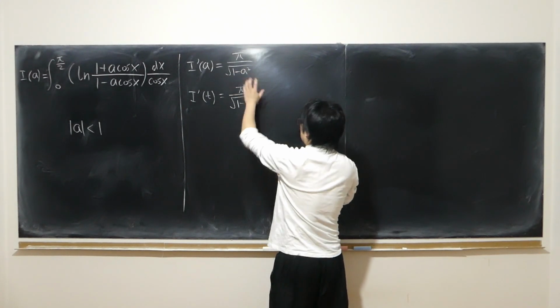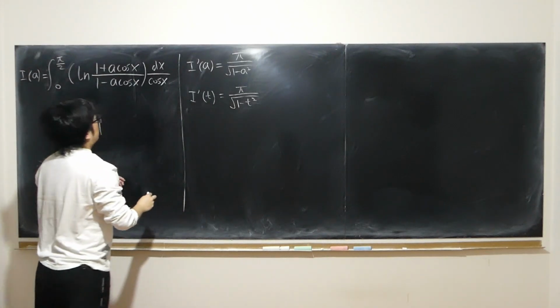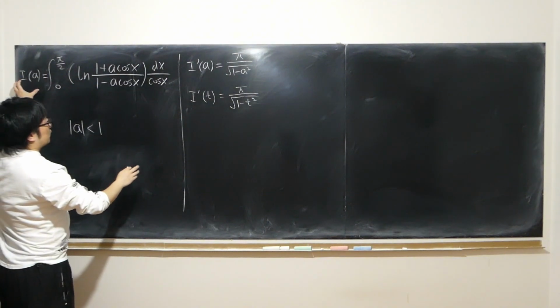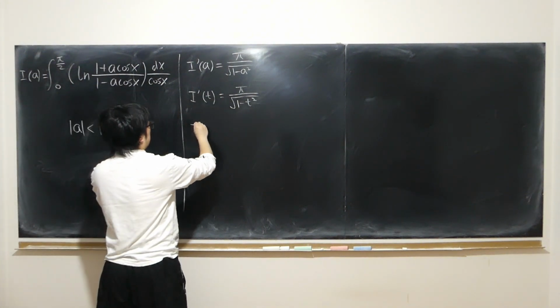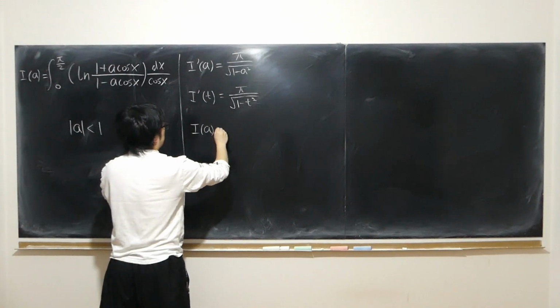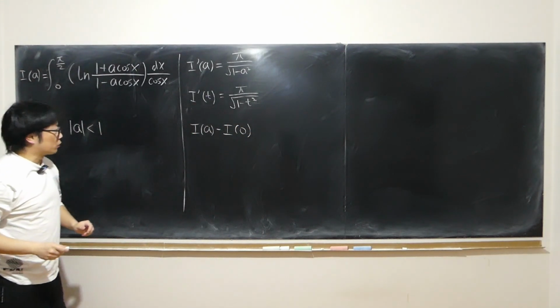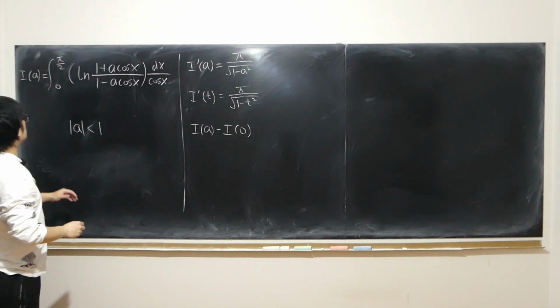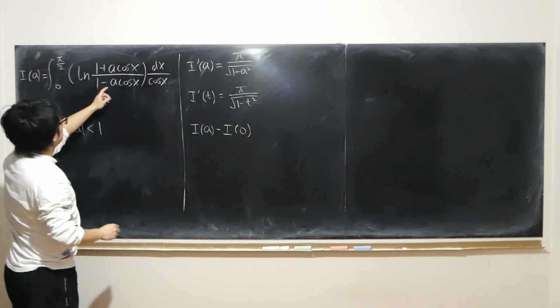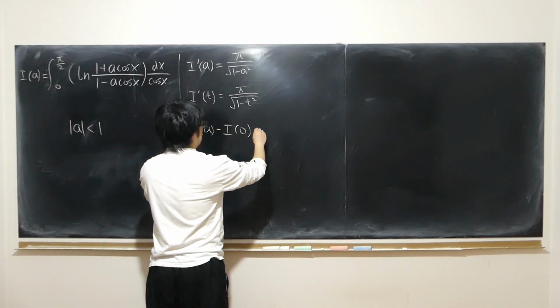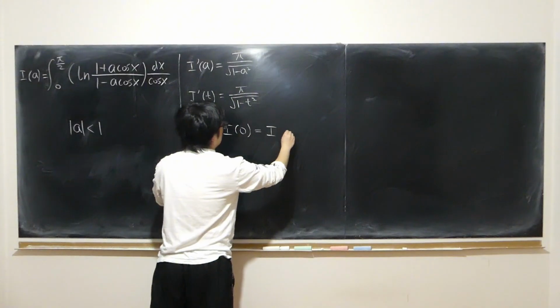Right, so this looks like I of a. So I of a minus I of 0. It looks like a definite integral. Right? I of 0 equals what? a equal to 0. Log 1, 0, 0. Right? Still I of a.